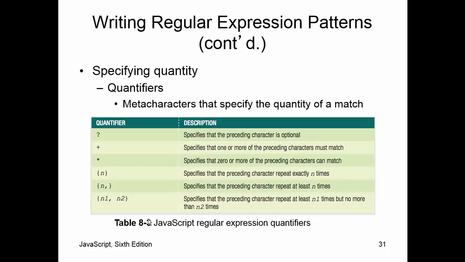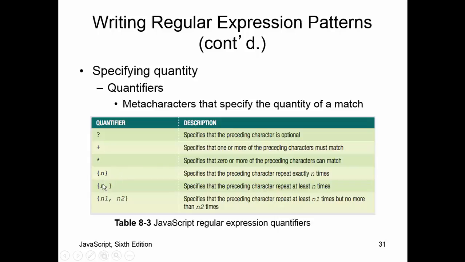You saw this before when I used that with the phone numbers, the first one. We put a 3 in there, which meant the area code, another 3, which meant the exchange, and a 4, which meant the other 4 numbers.